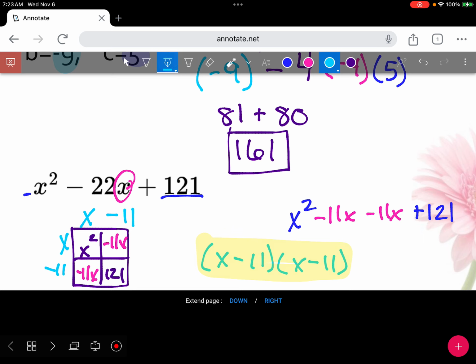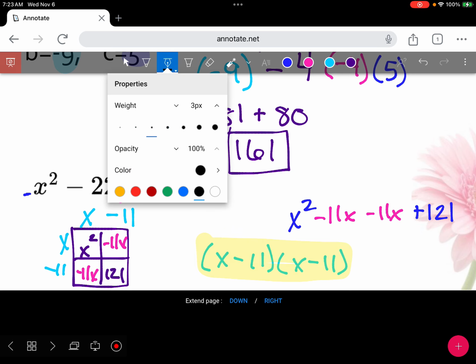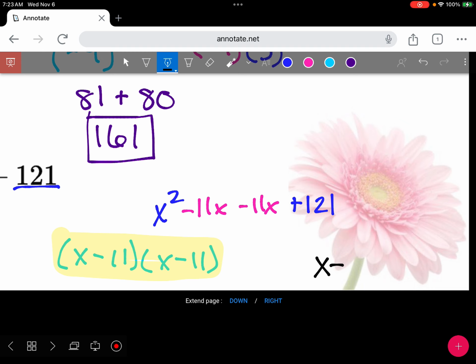Perfection. Because I could 100% write this as (X minus 11) squared. But I would 100% take both. Totally fine. Both would be absolutely valid. There's going to be times when noticing that it's a perfect square will help us when it comes to our solving when we get there later on. But for now, totally happy with either one of them entirely.